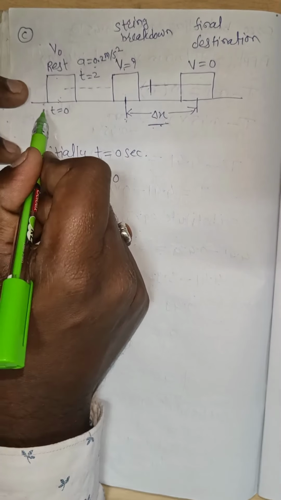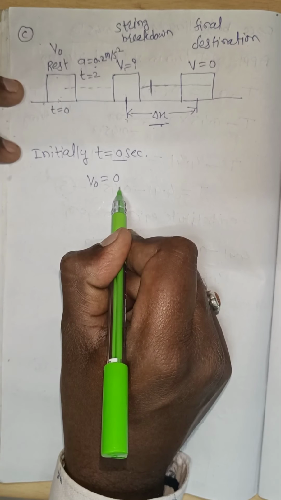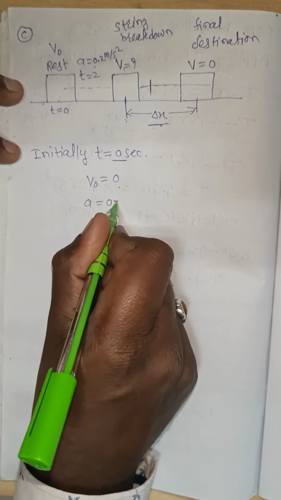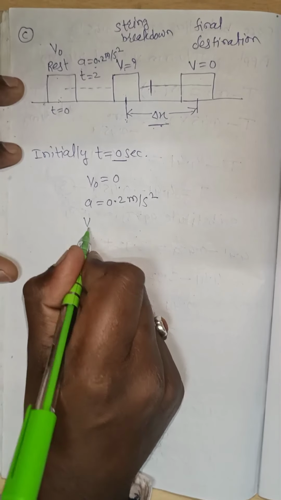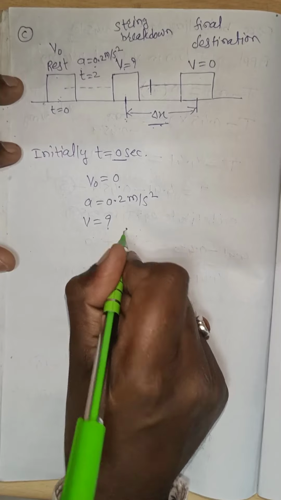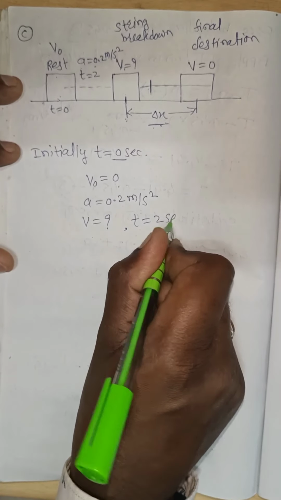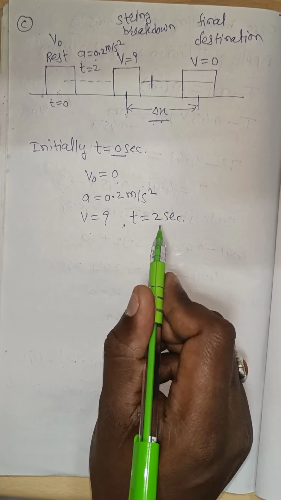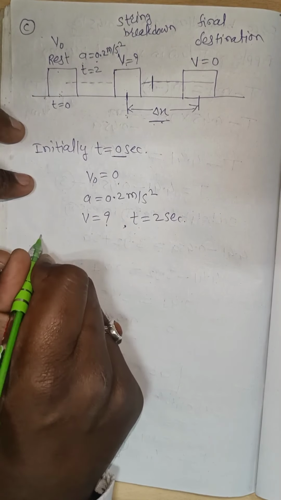Initially when the block is at rest, when time t is equal to 0 seconds, the velocity is 0, and the acceleration is 0.2 meter per second square. From that we have to find out the final velocity when the time is t equal to 2 seconds.